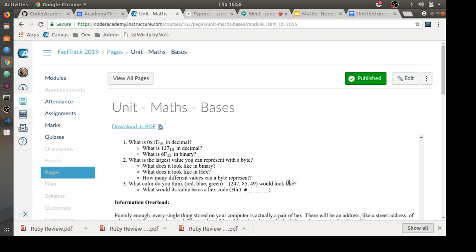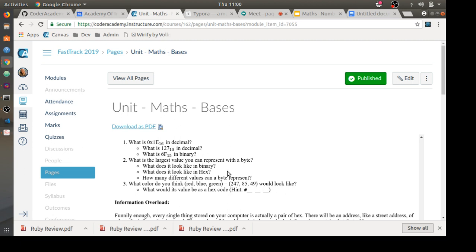So here are some things that you can try. I'm going to let you try these and then we'll look at it together later. So 127 base, I think that's supposed to not be, maybe it's meant to be like that. What's 127 base 10 in decimal? It's 127.